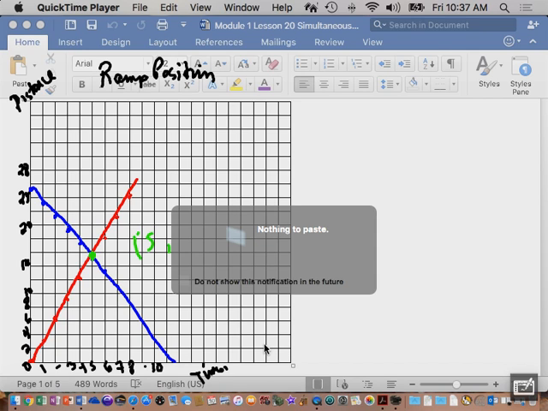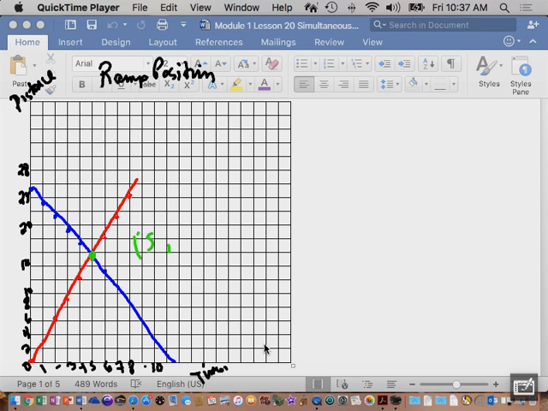Do you agree that on your papers, they also meet at the point 5, comma 15? Yes. Okay, so that's the whole point of the last 2 days, is to show that you can run two graphs at the same time, that they can meet at a point. And the thing that makes that point so important is that it satisfies both equations. And that will be a skill we use later in the year.